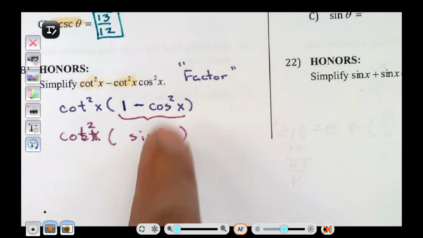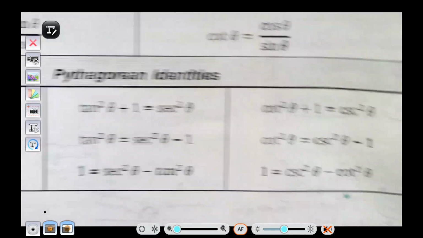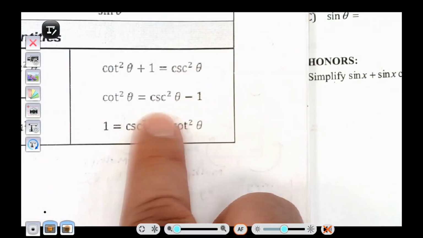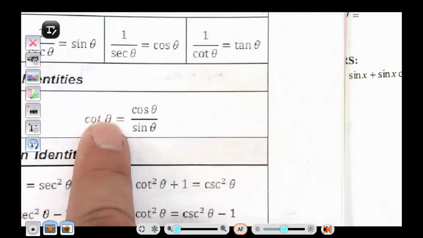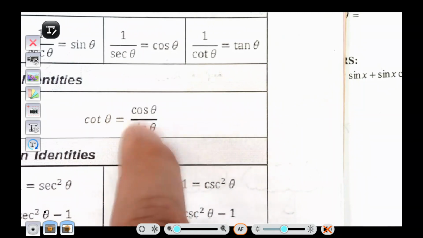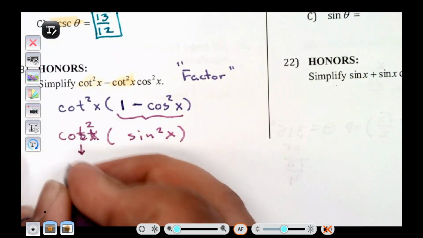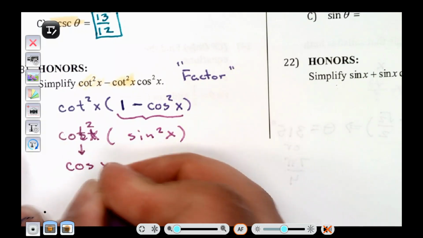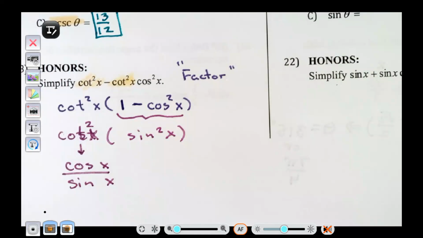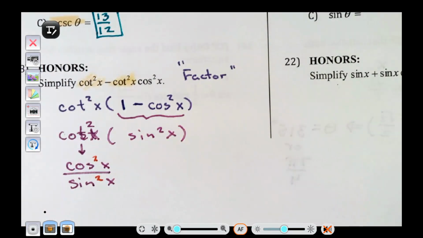Now, okay, so I mess with this one. So now let me look at what cotangent squared equals. Now I could call it cosecant squared minus 1. That doesn't seem too good for us, but I can call it this. Cotangent is the same as cosine over sine. So here's cotangent, and according to the word wall, that's the same as cosine over sine. But remember, this one does have a power of 2. Then you need to continue to write that power of 2.